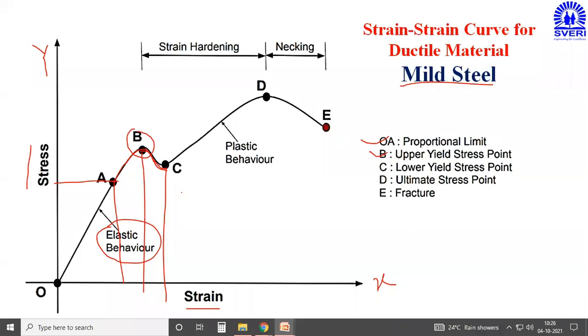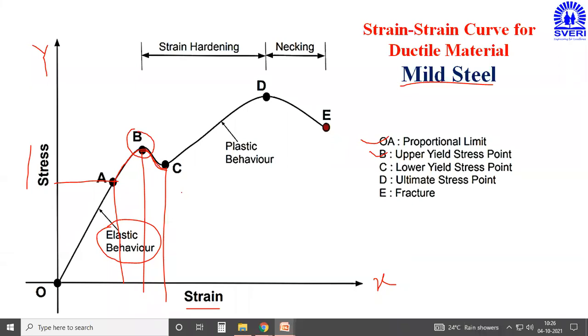If I am increasing the force applied on the body, जसा जसा मी force increase करणार आहे तसं तसं त्या बॉडीचं elongation काय होणार आहे, वाढणार आहे. If elongation increases, then there is an increase in dimension, means there is an increase in strain.